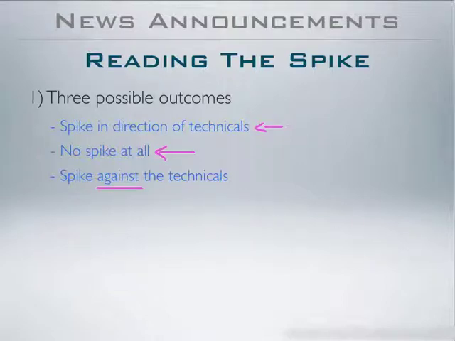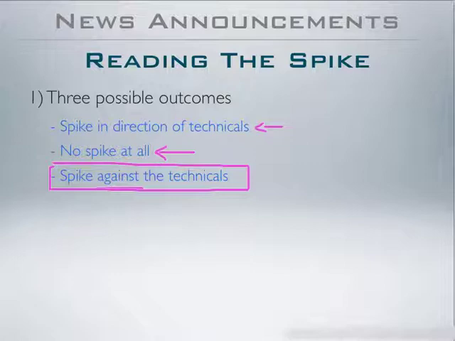This is what we are going to be focusing on in this video. We already saw in a previous video that, should price spike against the technicals, the first thing we need to do is simply cancel any pending order we may have at that precise moment. Well, yes, that's correct, but there is a little bit more to it.